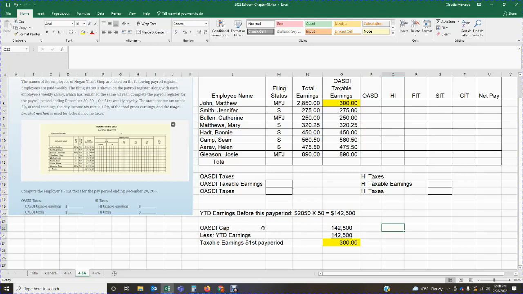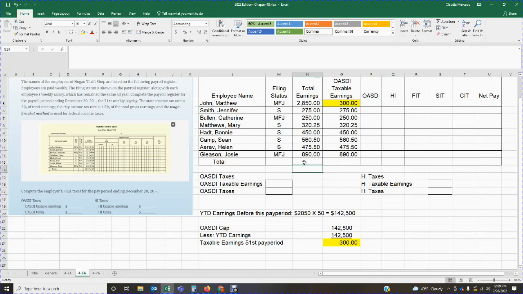We know that the OASDI cap is $142,800. So that tells me that from this 51st paycheck, only $300 will be taxed for OASDI purposes. For the rest of the taxes, he's paying taxes on $28.50. But for OASDI, he's only going to pay taxes on $300.